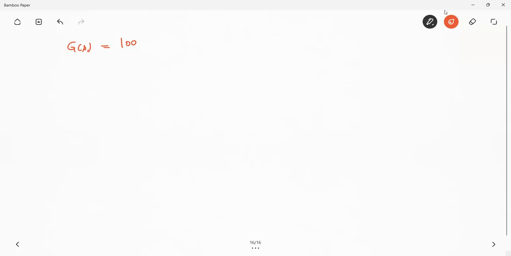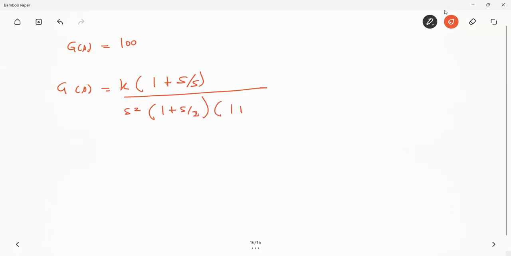My transfer function, g of s, I can express like this: k (1 plus s by 5) divided by s square (1 plus s by 2) and (1 plus s by 25).